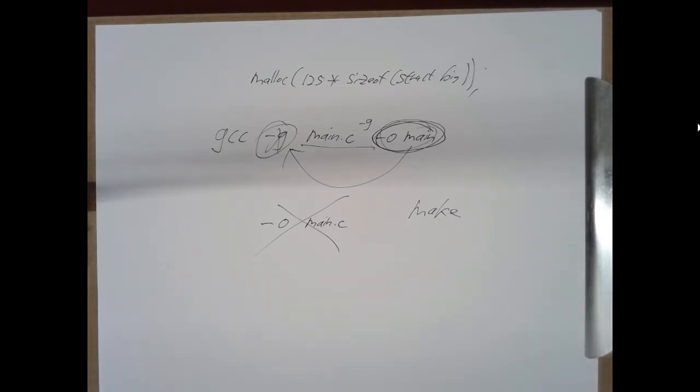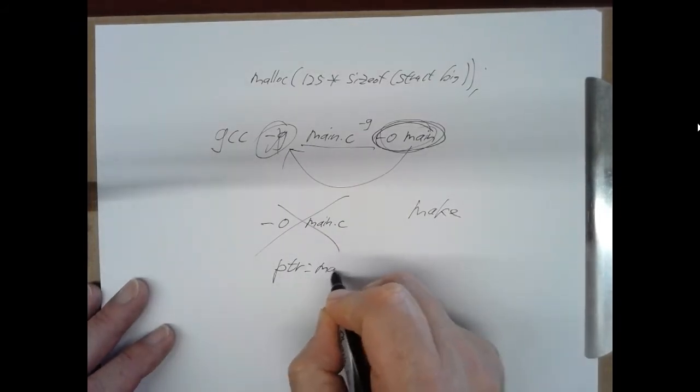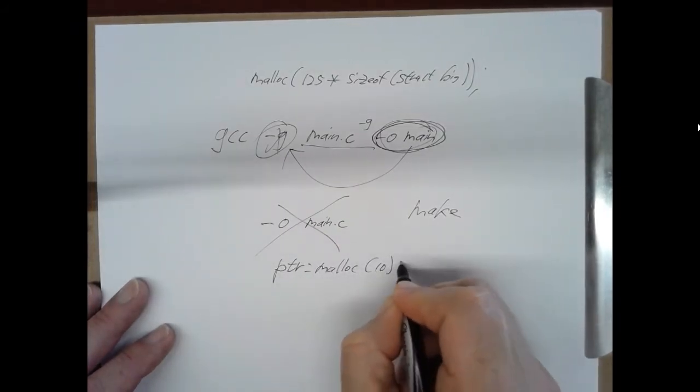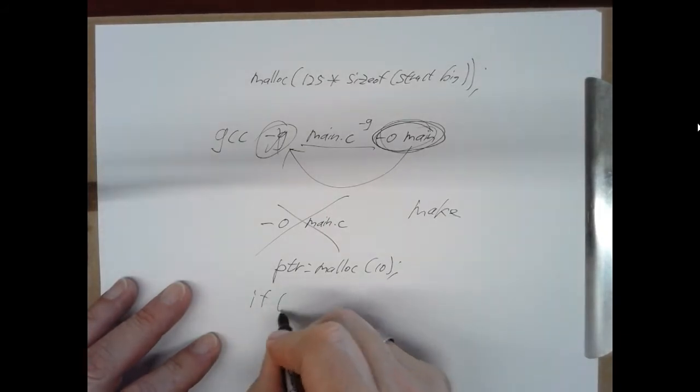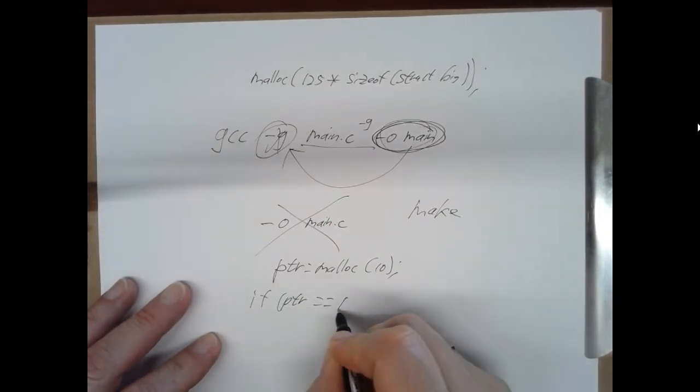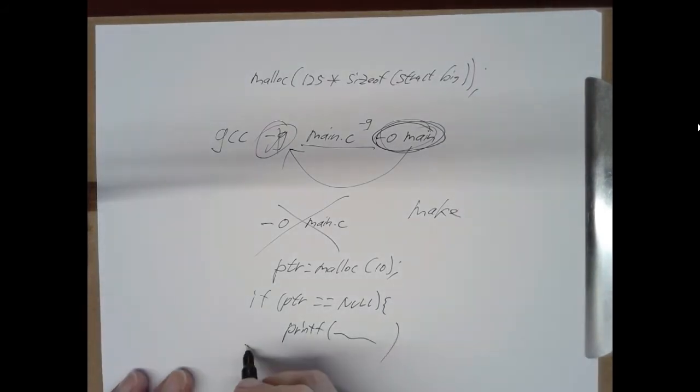So pointer's already been declared, so we can just say pointer equals malloc 10. And then to see if we ran out of memory or not, if pointer equals null, print out an error message. And that'll get you there.